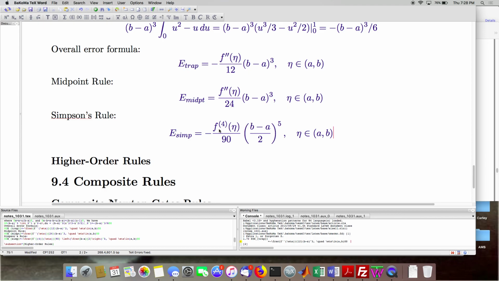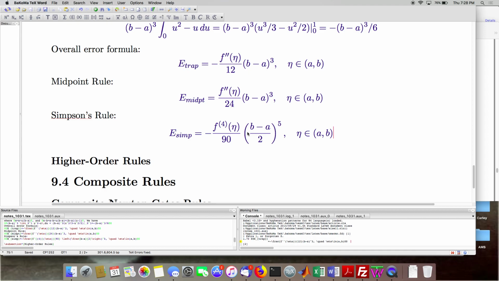So the fourth derivative means it's exact for cubic functions, and here it's b minus a to the fifth power instead of cubed, because of a higher degree of accuracy.